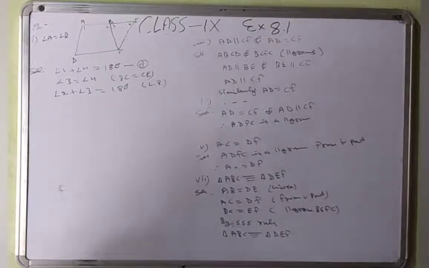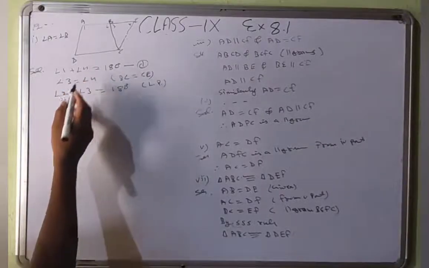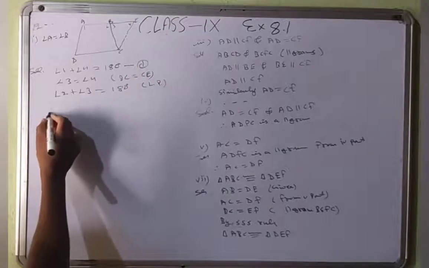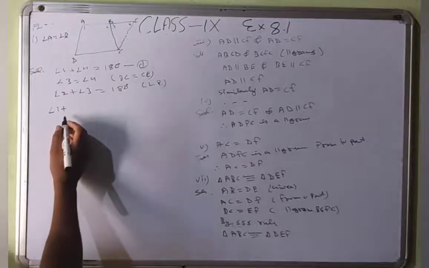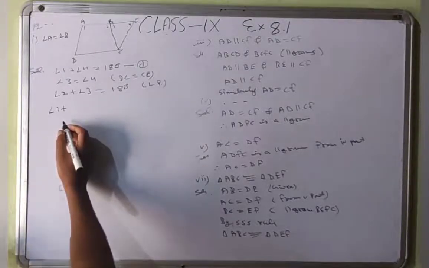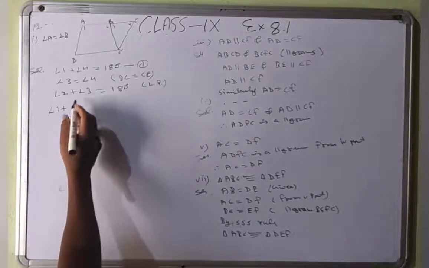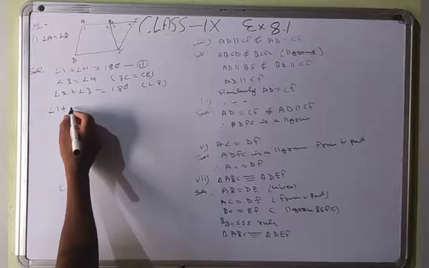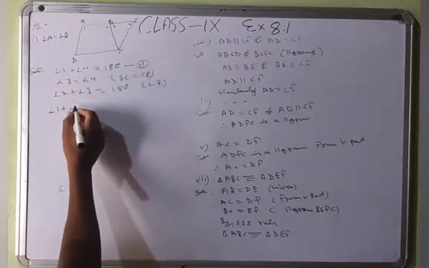So in that, angle A is equal to angle B, that will be angle 1 plus angle 4. In place of angle 4 we can write angle 3.